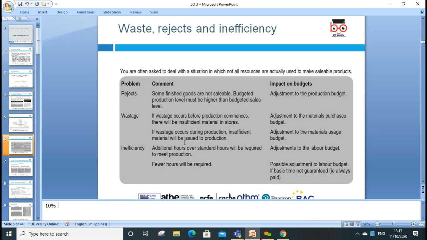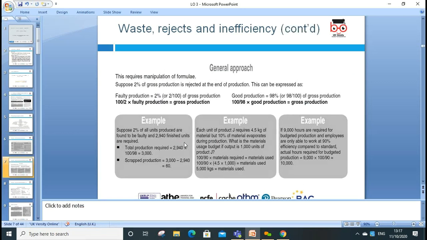If you make less, of course we will be short and not satisfied. So wastage we always need to keep in mind as well. How much is the wastage in terms of material, so we have enough material to produce? Inefficiency: we always need to look at labor hours, wastage time, and idle time as well, and embed these in our budget so we use resources effectively. We always try to reduce inefficiencies in a business so our business runs effectively.